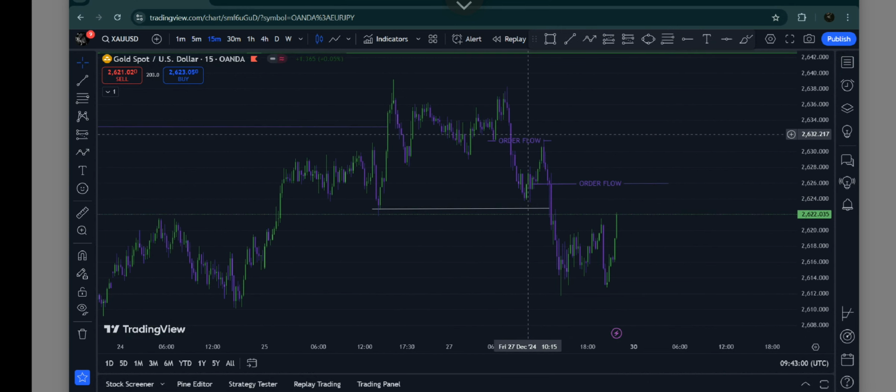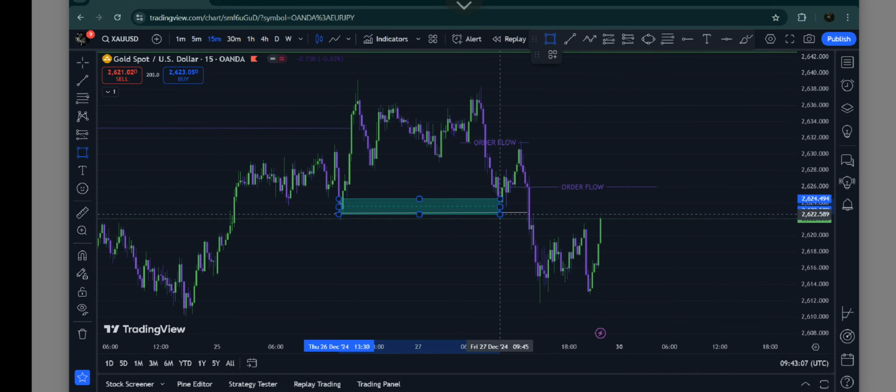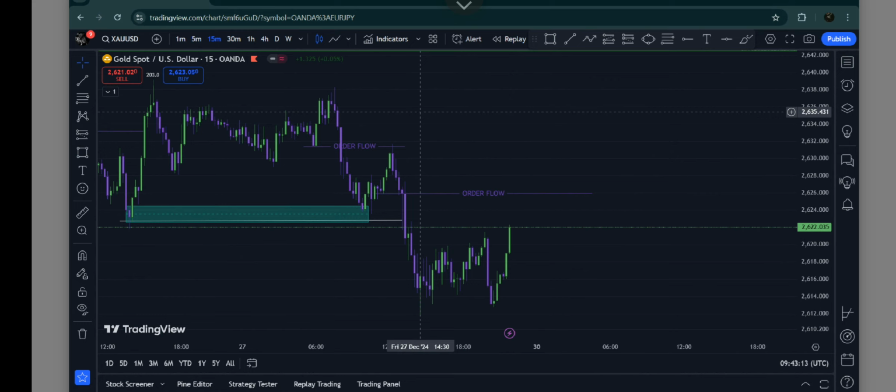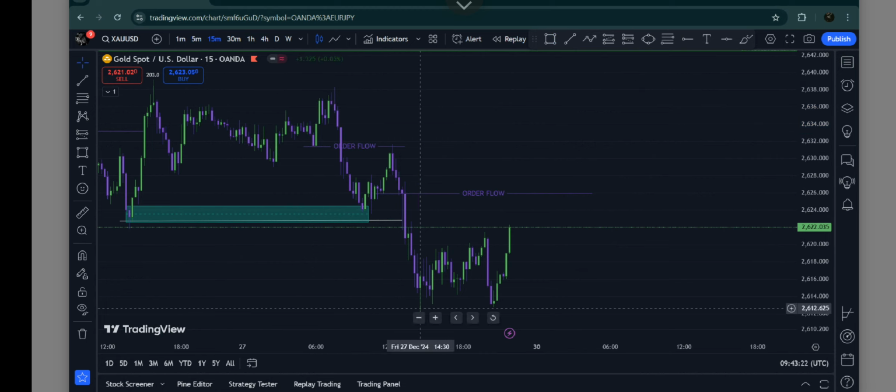But then we broke structure. So by the 15, we broke below this extreme demand, right? So we broke and then immediately pushed lower. And when doing that, we had this order flow here, this large area with this green candle. So this area here, we retested that order flow and then pushed lower, right?